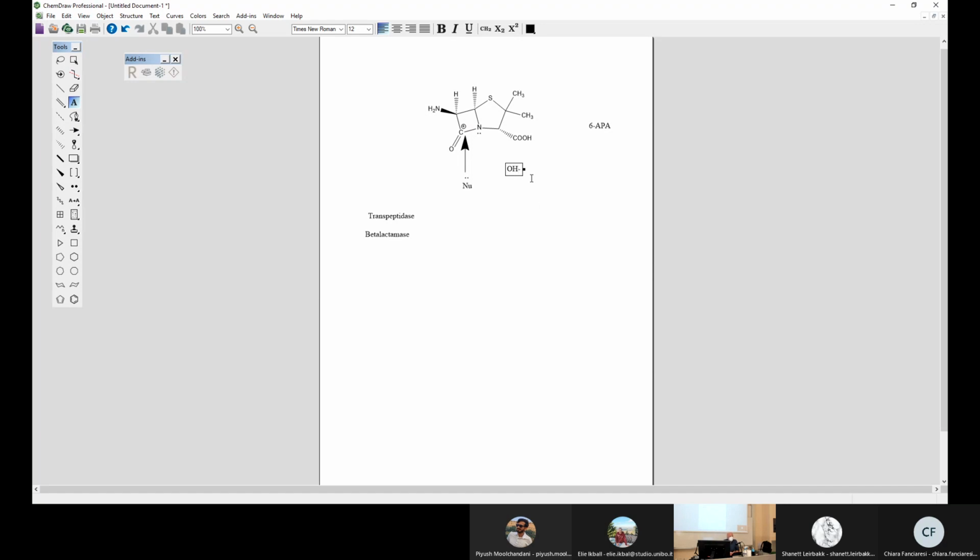You know, OH minus is a nucleophile, and so it is able to attack the carbon atom and open the beta-lactam ring. This means that all penicillins are not stable in basic condition.